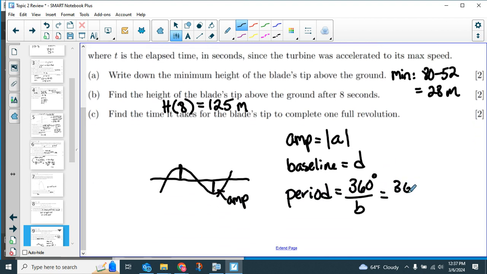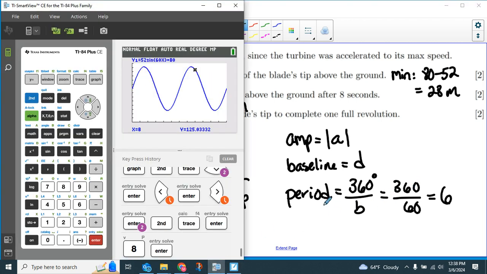So 360 divided by, I'm sorry, divided by 60, is that what I'm doing? 60 is just 6. And that's actually why I picked my Y max to be 18, because in my head I knew the period was going to be 6. So I have 3 full periods here.